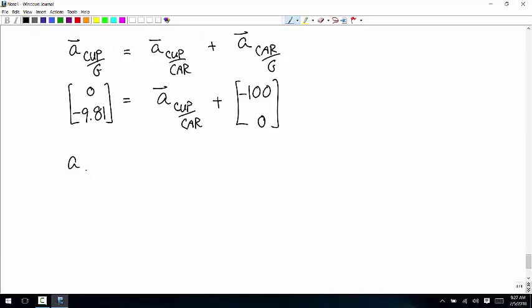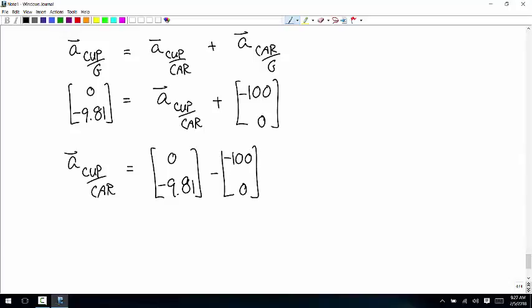And so the acceleration of the cup relative to the car is equal to 0, negative 9.81 minus negative 100, 0. So that's equal to positive 100, negative 9.81.